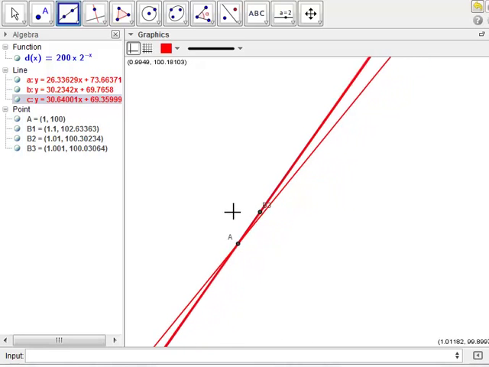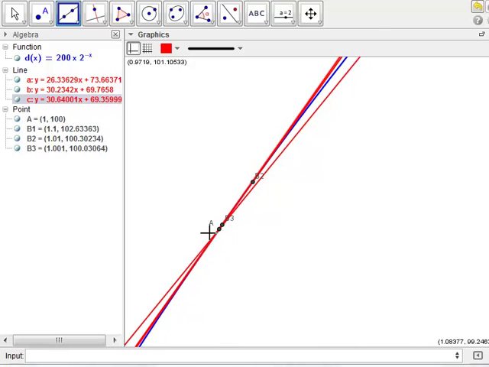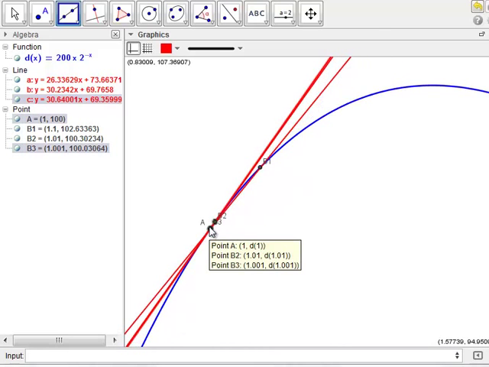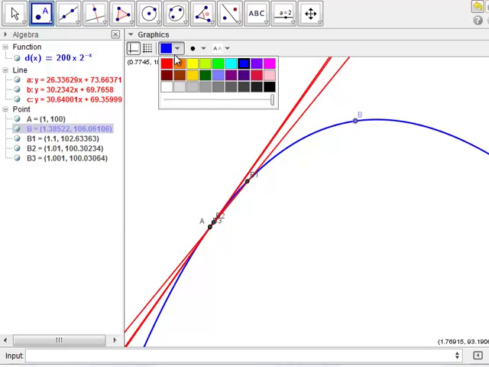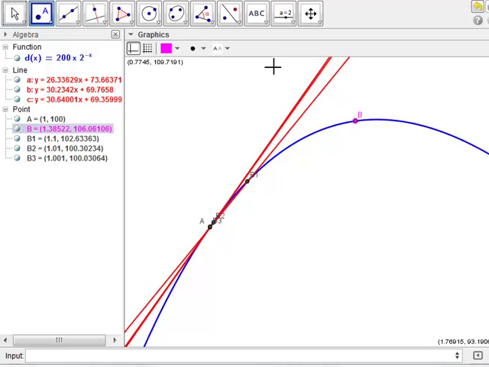Okay, let's try something a little different. Let's back off so I can get a point here. Let's put a point here on the curve, and let's make it a different color, something we can recognize, like hot pink, for instance.